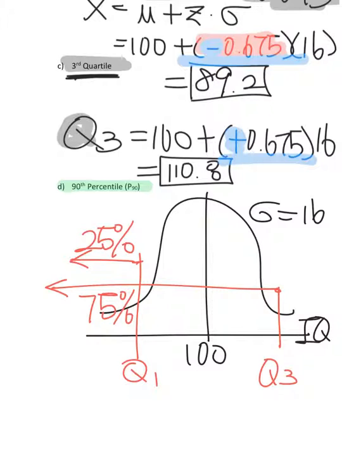We can say Q1 is the 25th percentile, Q3 the 75th percentile.